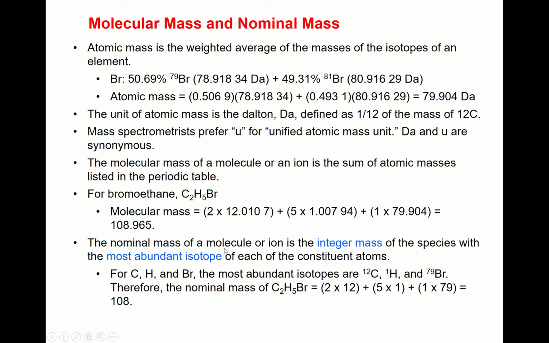But now you have to be careful about the nominal mass. The nominal mass of a molecule or ion is the integer mass of the species with the most abundant isotope of each of the constituent atoms.